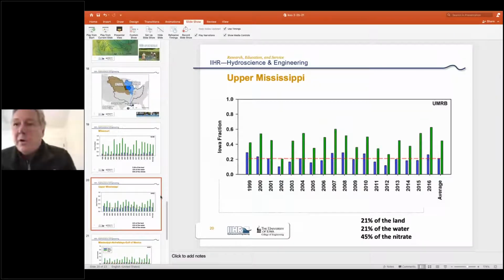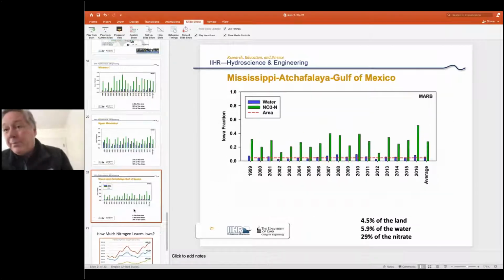And then down at the Gulf of Mexico, we have 4.5% of the land. We contribute about 6% of the water and 29% of the nitrate. And so we here in Iowa are really a disproportionately large contributor to the nitrate problem in the Mississippi Basin. So how much nitrogen leaves Iowa?